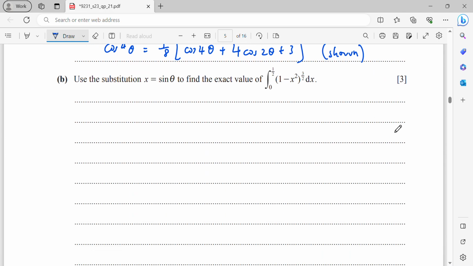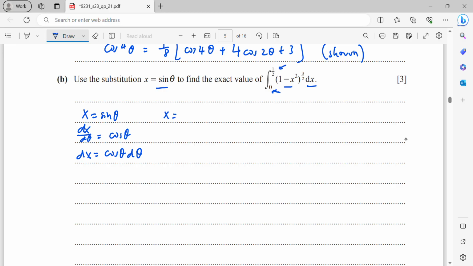Right, now part B, use the substitution x equals sine theta to find the exact value of this integration. So I will start with x equals sine theta. Now when you look at this integration, we need the dx, which means I need to get dx over d theta. It will be cos theta. Okay, then my dx will be cos theta d theta. And then we are given two limits.